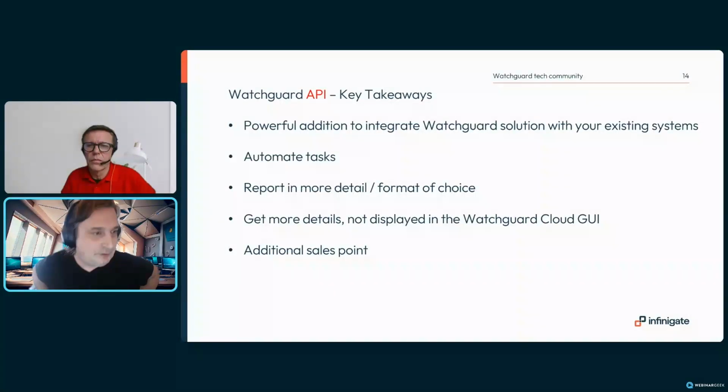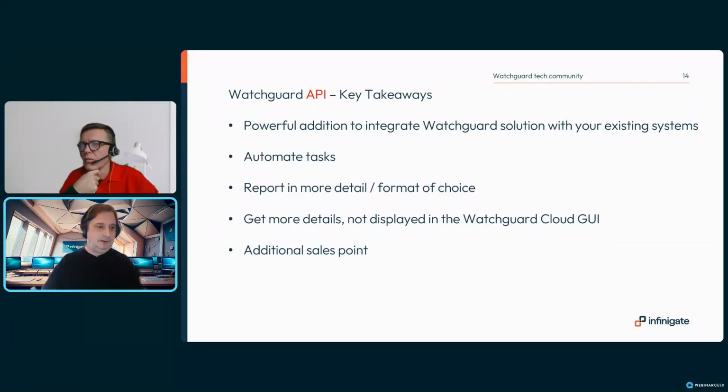So the key takeaway from using the WatchGuard API is I think it's a powerful addition to integrate any WatchGuard solution with your existing systems, namely WatchGuard Cloud. You can automate tasks. Suppose you need to create 500 accounts in one day. By doing it manually, you will save a lot of time using the API.